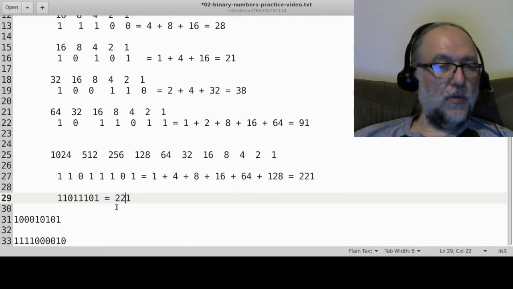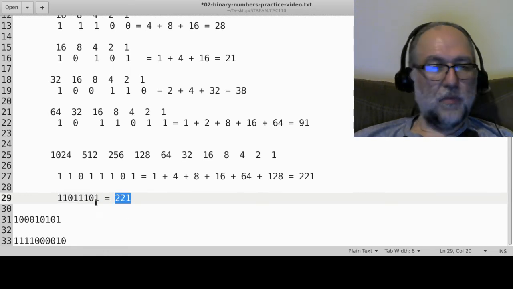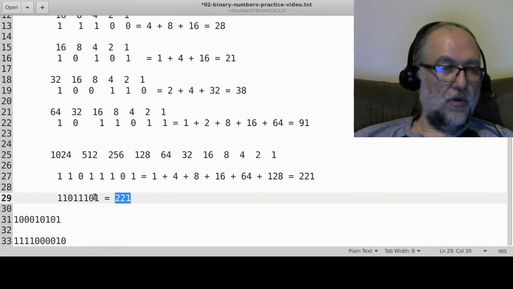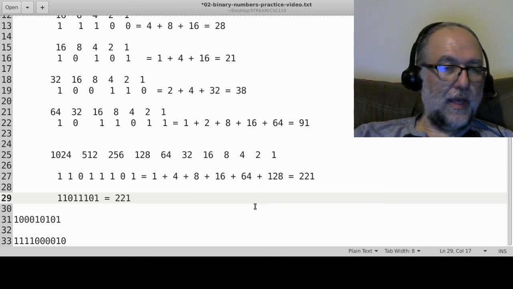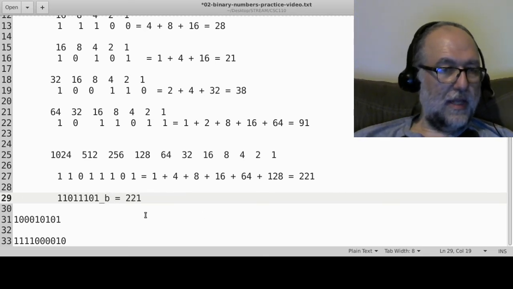Now, I didn't say this during the lecture, but some professors, just to make sure that you're not confused, will put a little lowercase b like this to say that number is binary. I'm not going to do that. I think it'll be clear.